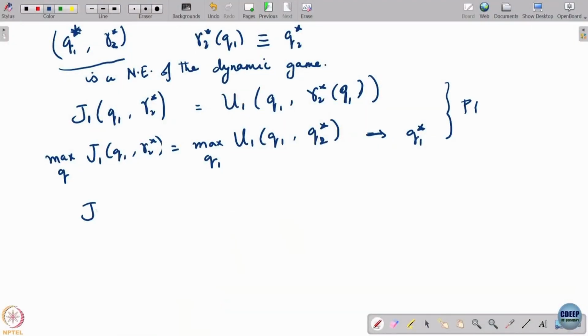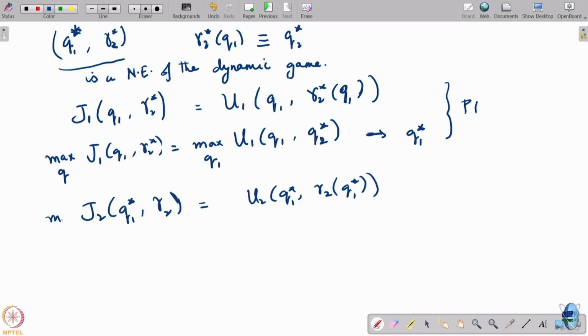What about player 2? For player 2 we have now q1 star fixed, and player 2 is going to pick any function gamma 2, and the utility he gets is u2 of q1 star comma gamma 2 of q1 star.